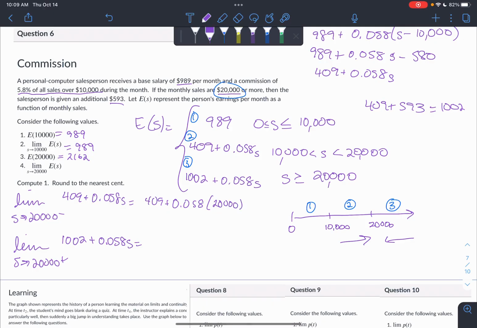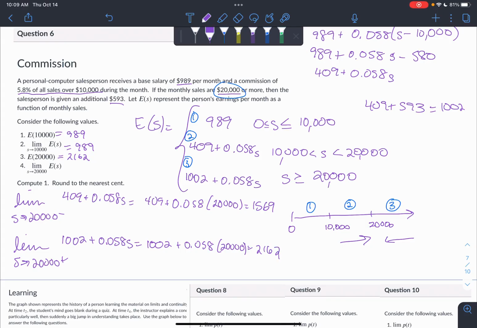20,000. This comes out to be 1569. And then this one, we do 1,002 plus 0.058 times your 20,000. And this one comes out to be 2162.